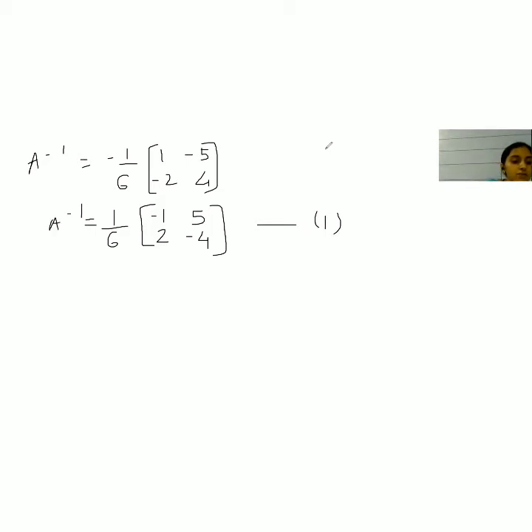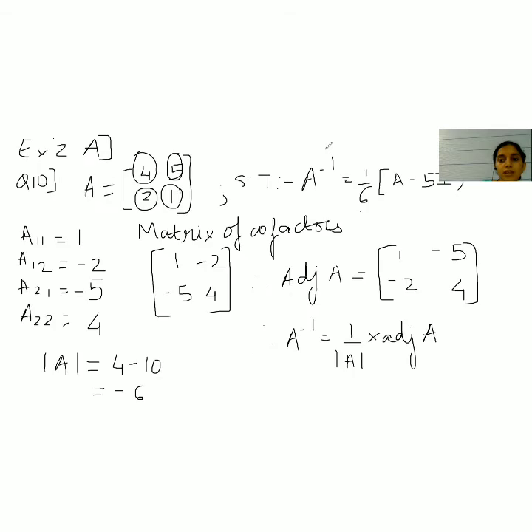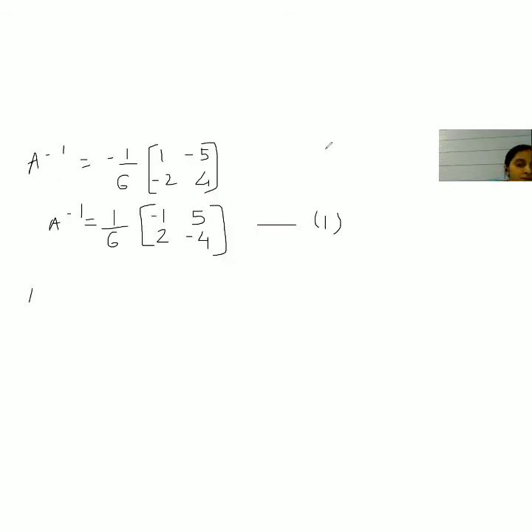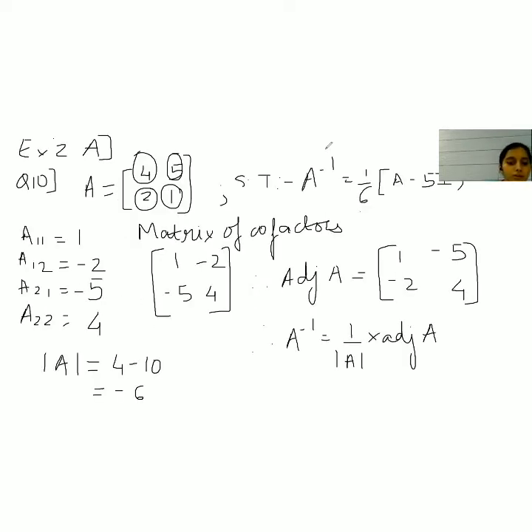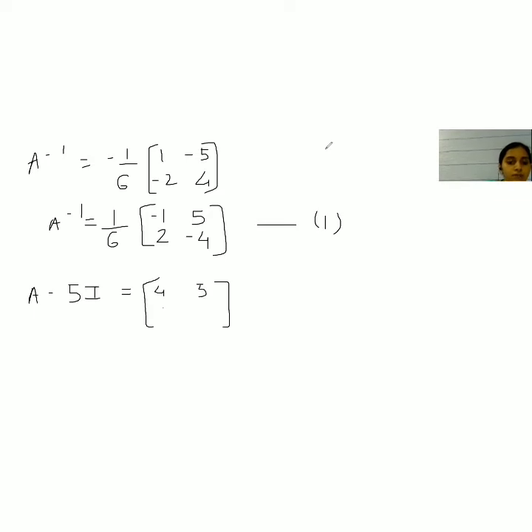Now let us find the right hand side, that is A minus 5I. We write the A matrix, 4, 5, 2 and 1, minus 5 multiplied by the identity matrix.